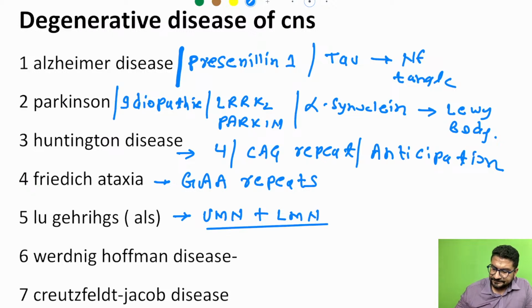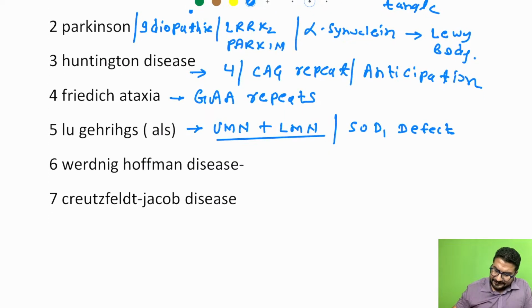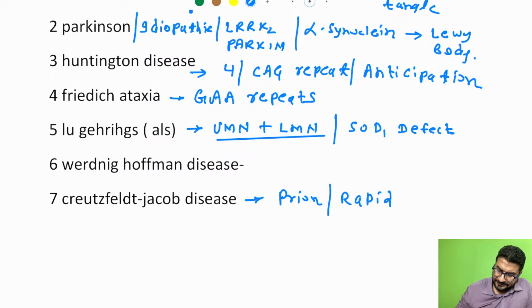Basically it is SOD1 defect, superoxide dismutase defect, and there is glutamate mediated excitotoxicity. Werdnig-Hoffmann is a rare disease. Creutzfeldt-Jakob, I told you, is a prion disease. Here the patient will have most rapid progressive dementia.